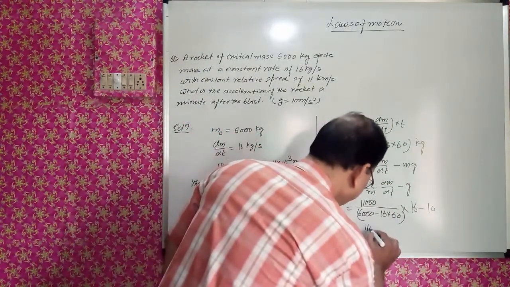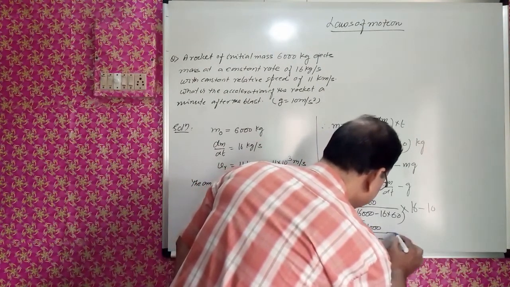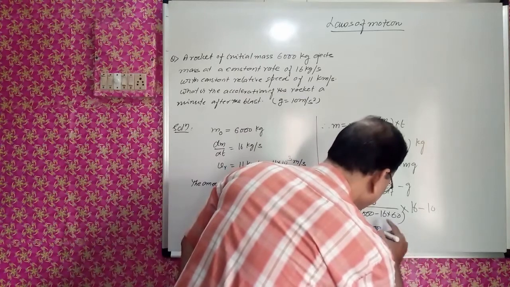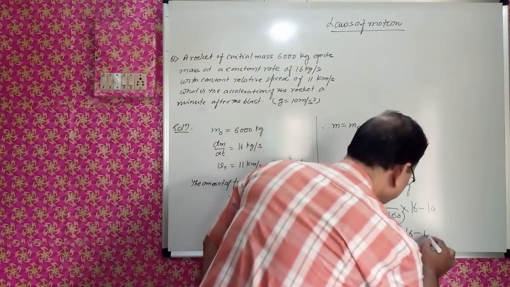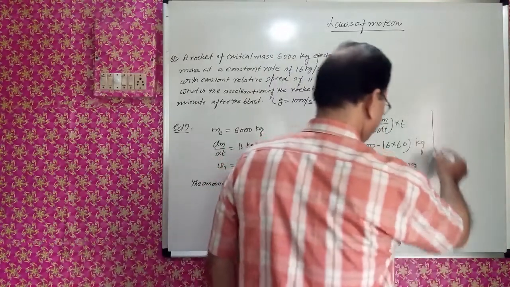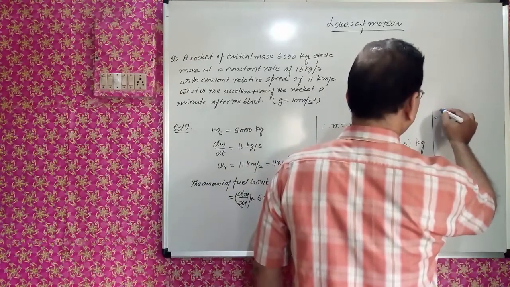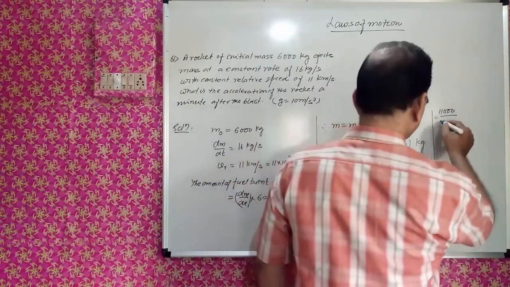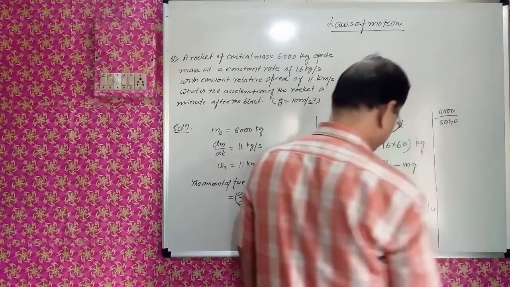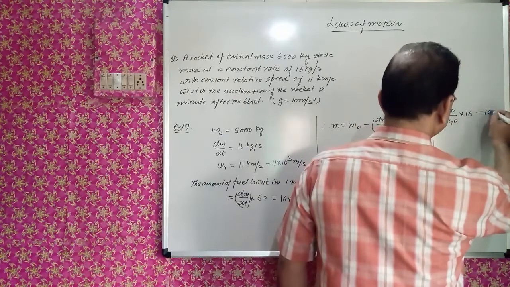This is 11,000 upon 6,000 minus 960, into 16, minus 10. Then further simplification, this is equal to 11,000 upon 5040, into 16, minus 10.